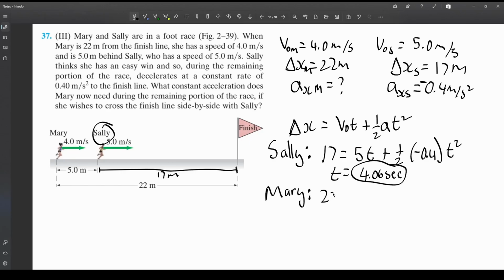And here 22, because Mary has to traverse the whole distance. So she's starting off at 4 meters per second, so 4 times t plus 1/2, and then we're solving for a, let's name it a_M, times t squared. And then now let's plug in t.